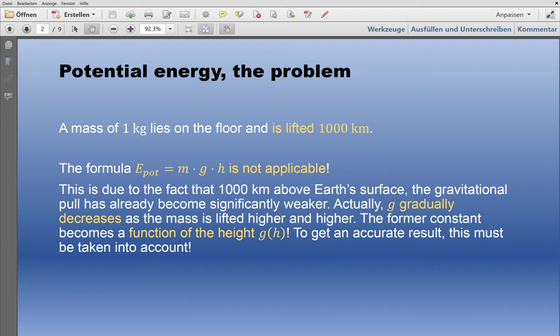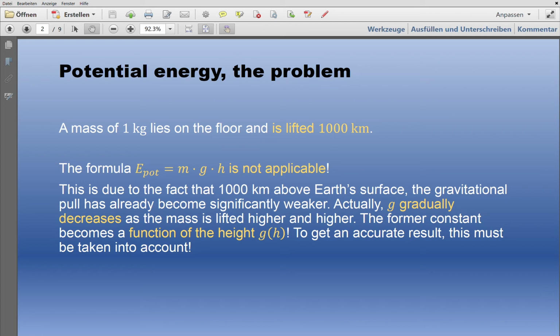So what actually happens is that Earth's pull decreases. The higher we get, the less Earth pulls us down. So g, the lowercase g, is no longer a constant. It's no longer 9.81. It becomes a function of height when the height is large enough.